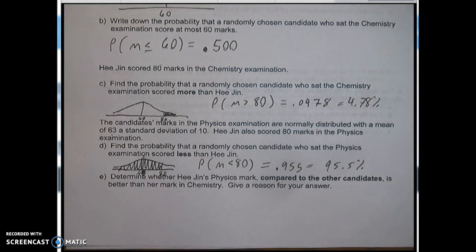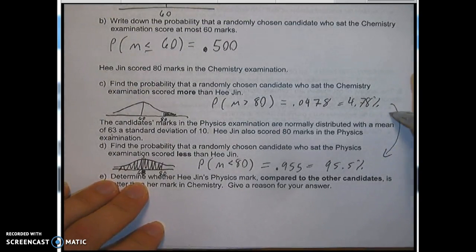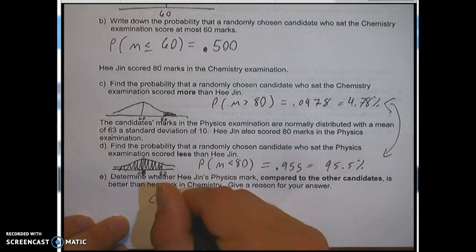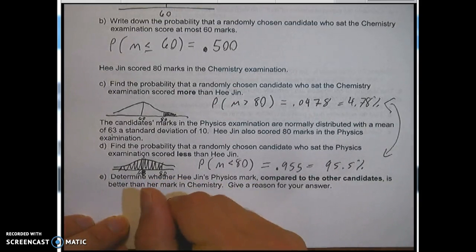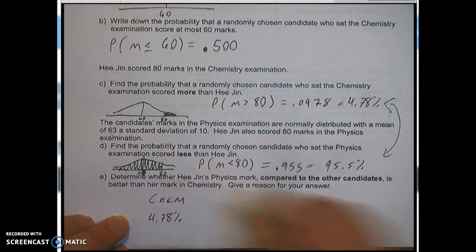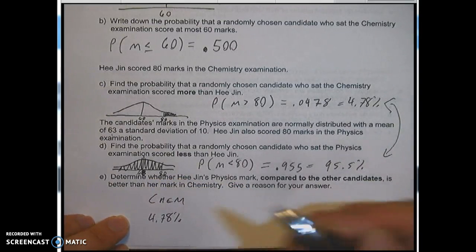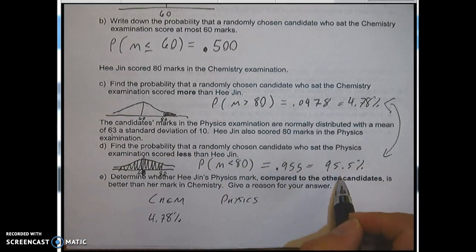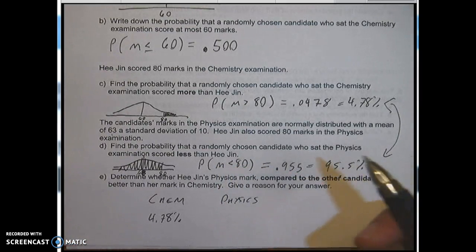Determine whether that student's physics mark compared to the other candidates is better than her mark in chemistry. Give a reason for your answer. Well, I'm looking at these percents here. And so in chem, 4.78% of students scored better than this student. In physics, 95.5% scored worse.